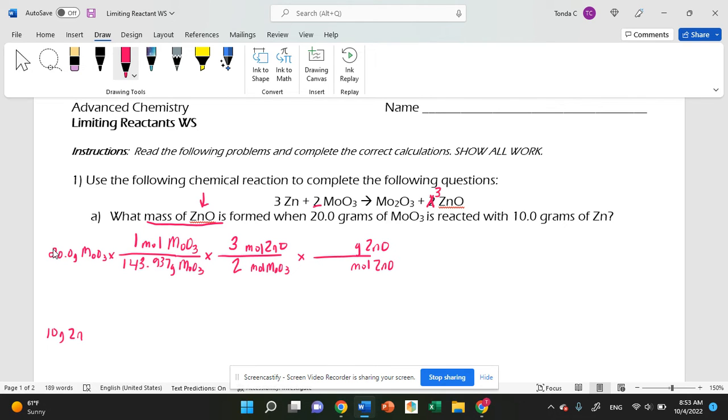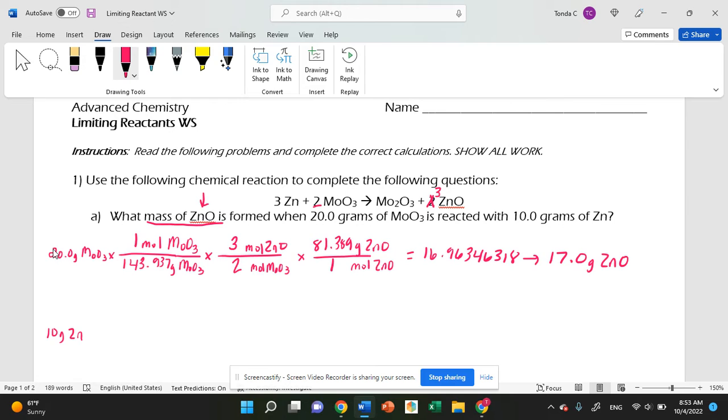The number I'm going to put up here, 81.389, is the grams of my zinc oxide, the molar mass I found by adding those atomic masses together. If you're working with grams and moles, it's always over 1. When you solve that out, you get 16.96346318. But since we're rounding to sig figs, it's going to be 17.0 grams of ZnO.